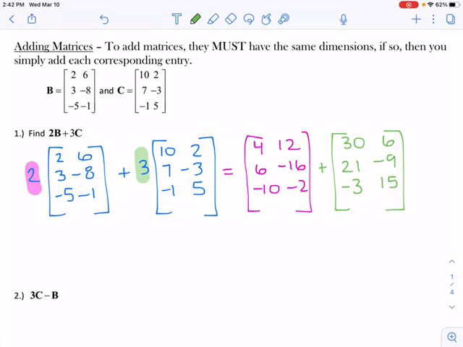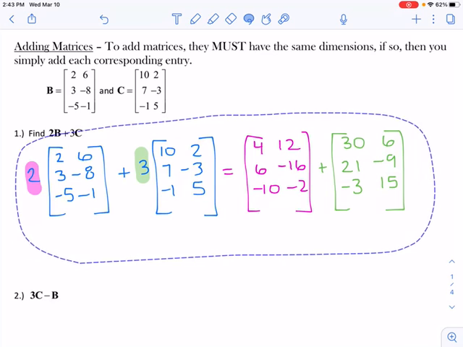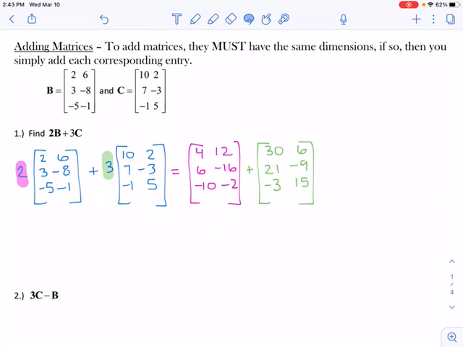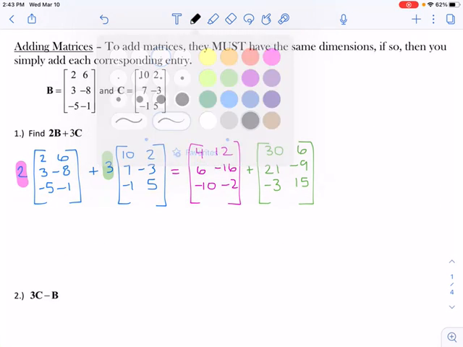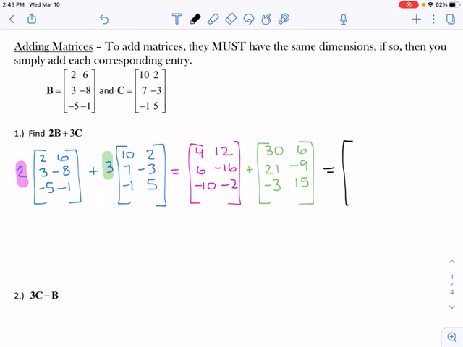Once I've done my distribution, I'm going to add my 2 matrices together. And that'll give me the matrix. In my top row, I want to add 4 plus 30 is 34, and 12 plus 6 is 18.